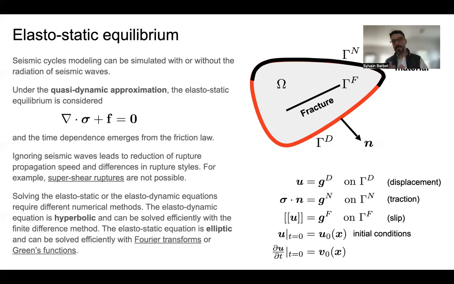Another useful approximation of elasticity is the so-called quasi-dynamic approximation. In this simplification of the physics, we consider the elastostatic equilibrium, and so we ignore the radiation of seismic waves. This is a perfectly justifiable assumption if we're looking at timescales that are greater than the time it takes waves to leave the domain of interest.